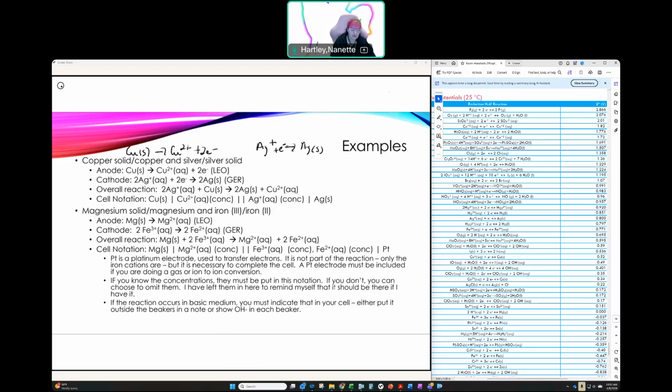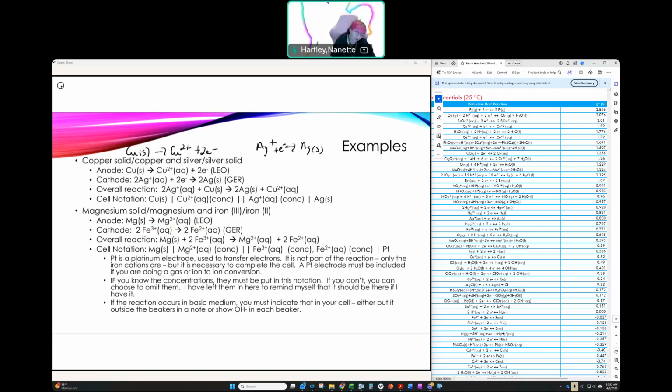Now, when we talk about this next one, I have magnesium solid going to Mg2+. I haven't included the electrons here. It's a problem, but we'll deal with that. And then iron 3 going to iron 2, so Fe3+ going to Fe2+.